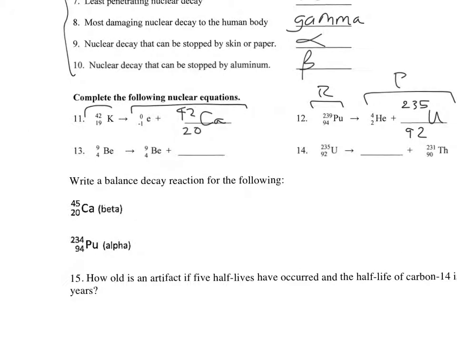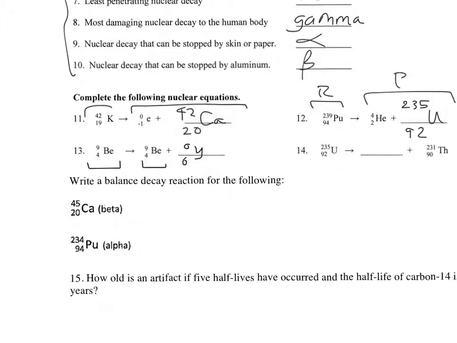So as I continue on with problem number 13, I notice that my reactant here is Be, and my product is also Be, but we know it's undergone some kind of a decay process. Since neither the mass or the atomic number has changed, I know that has to be a gamma decay.